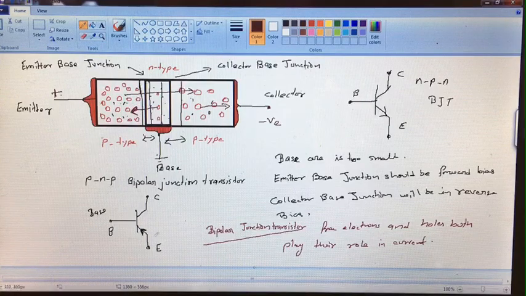So see here, we have made a representation from the emitter towards the base, through which it goes to the collector. That's why we can conclude that this represents the motion of charge carriers.